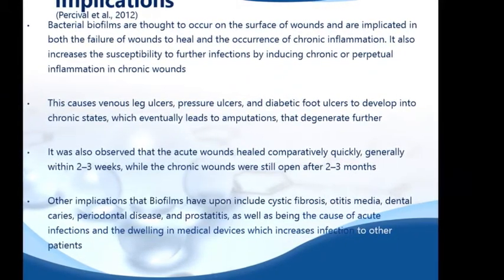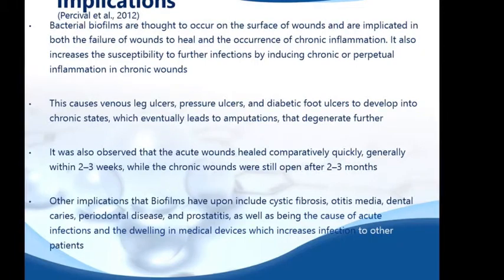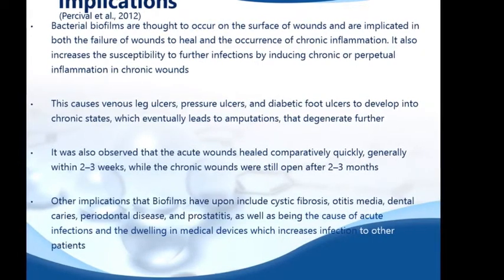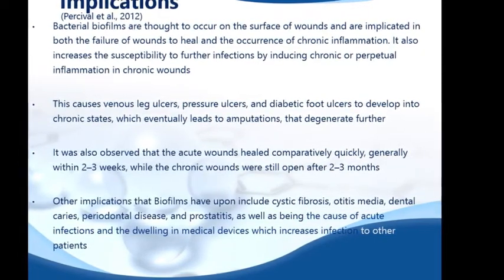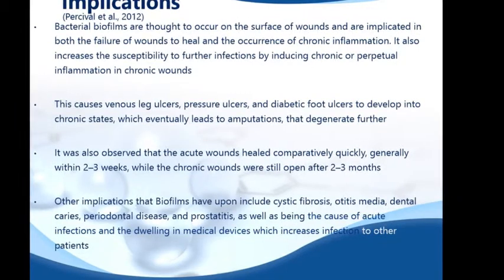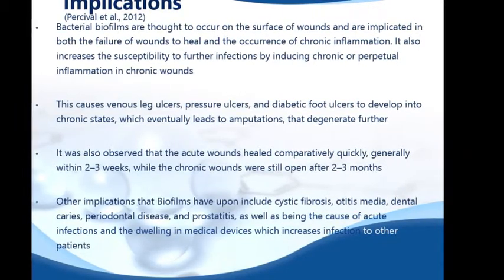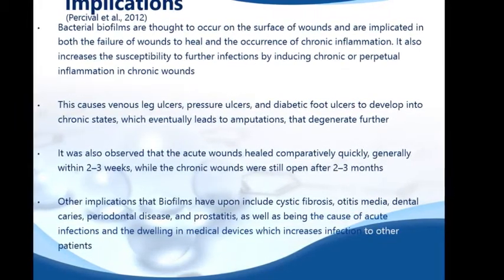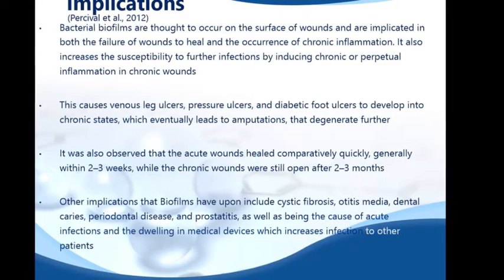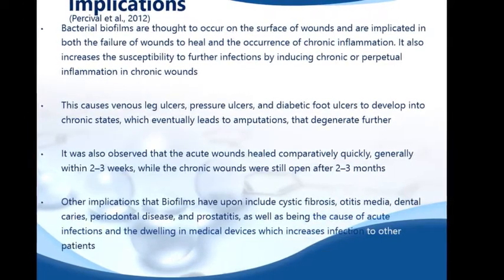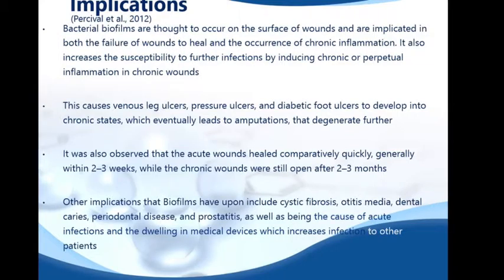Other implications of biofilm include cystic fibrosis, otitis media, dental caries, periodontal diseases, and prostatitis, as well as being the cause of acute infection and dwelling in medical devices, which increases infection to other patients.